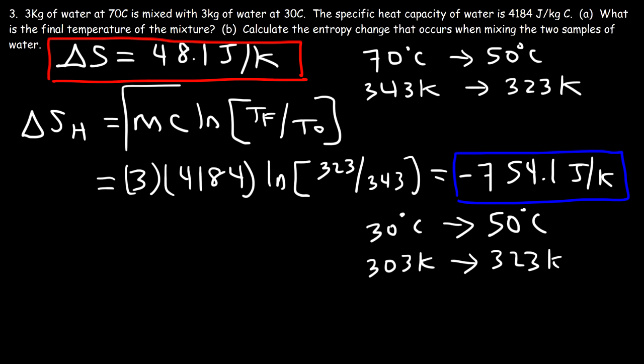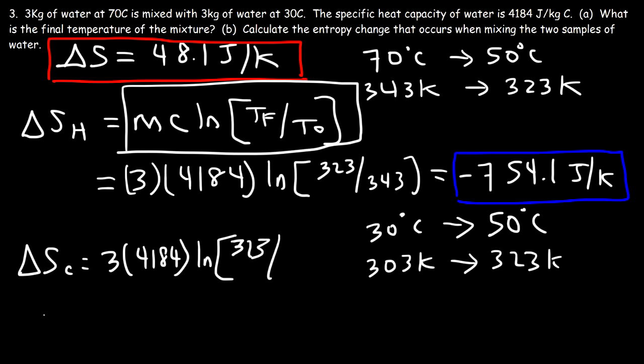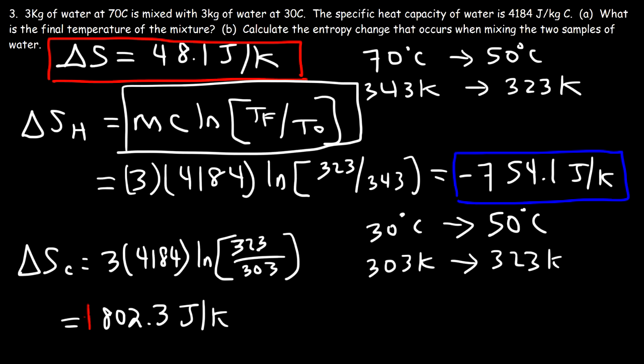So using this formula again, the entropy change for the cold water sample is going to be the mass, which is 3, times 4184 times the natural log of the final temperature, which is 323 Kelvin, divided by the initial Kelvin temperature of 303. And so this is going to be 802.3 joules per Kelvin. And this is positive because the temperature is increasing.